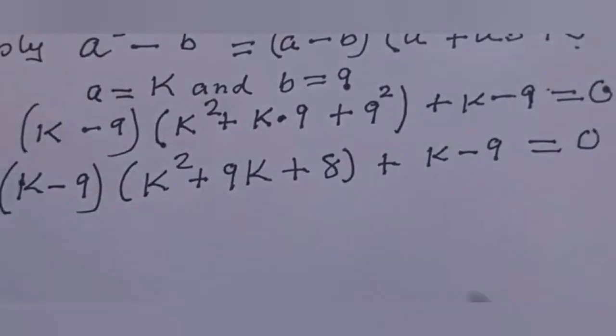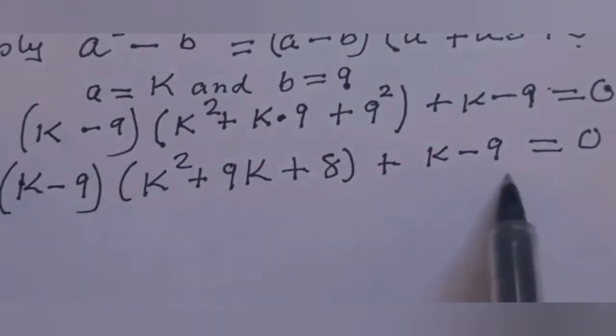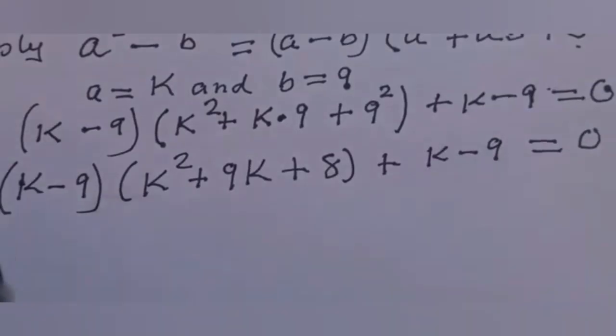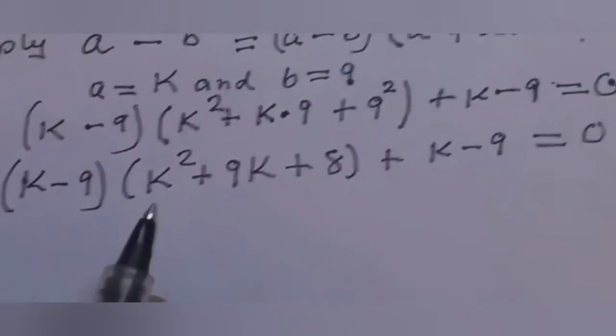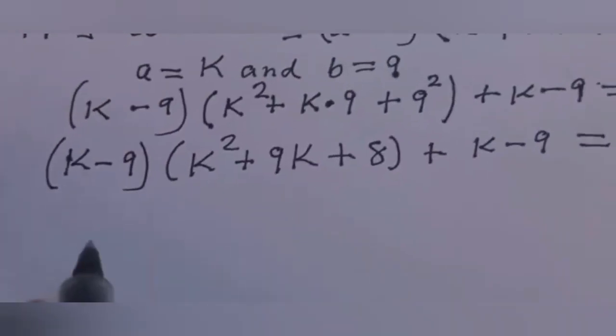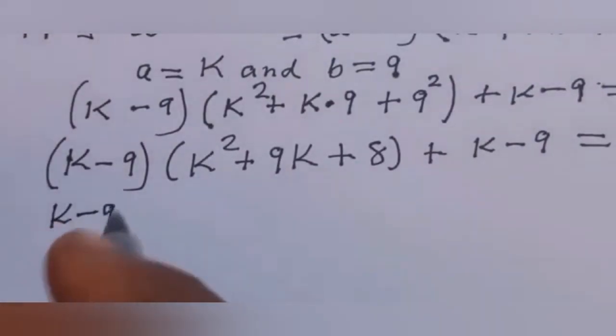As you can see, k minus 9 is common to here and here. So we can factor out k minus 9. We get k minus 9 in the brackets.